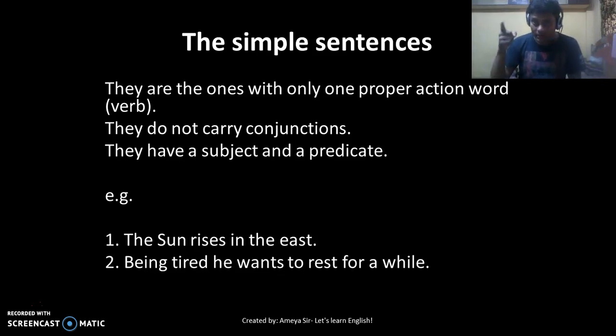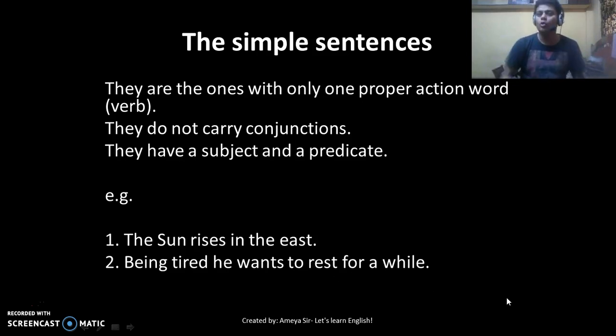Now this example has been selected deliberately to help you understand what I mean by one proper action word. Most of you will say, clearly we can see wants here and we can see to rest here, so are there not two action words? Well, here's a clarification. Rest is not just all by itself. It's to rest, wants to rest.